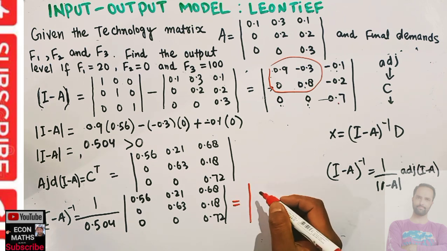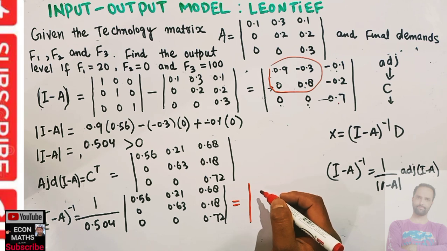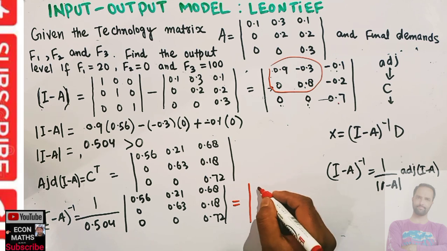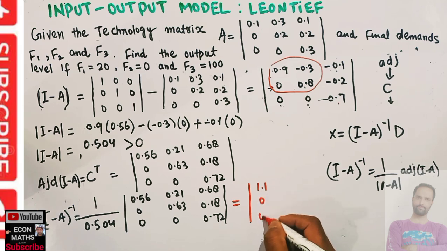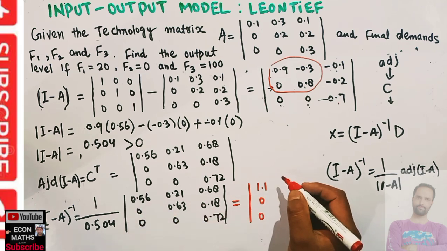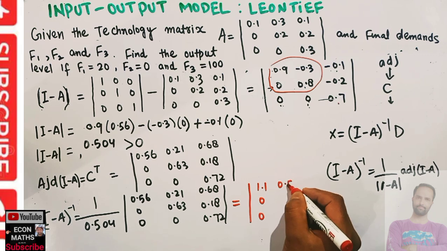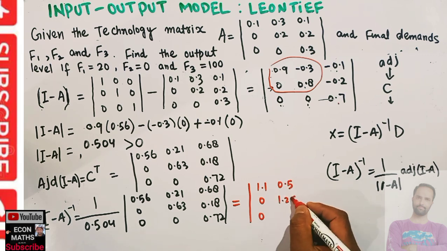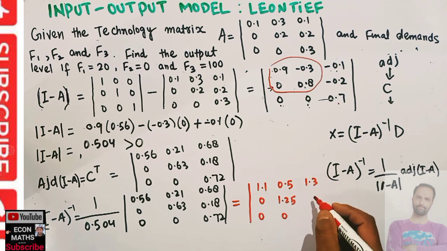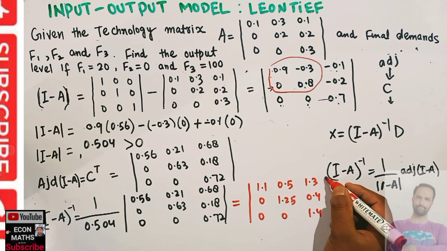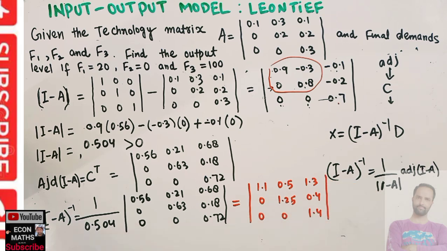We will get a matrix something like this, 1.1, 0, 0, when we divide each element. So 0.5, 1.25, 0, 1.3, 0.4, 1.4. Okay, this is our inverse which we got here.